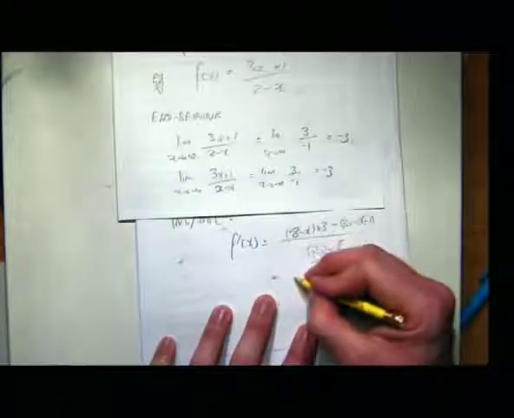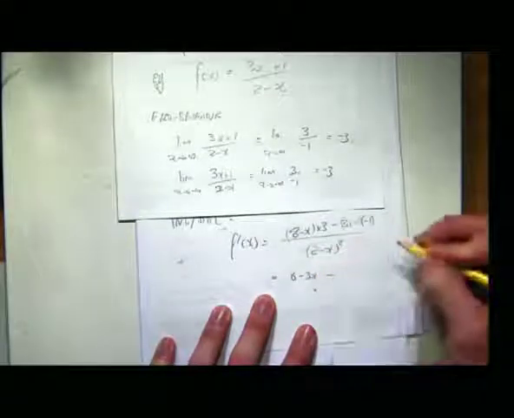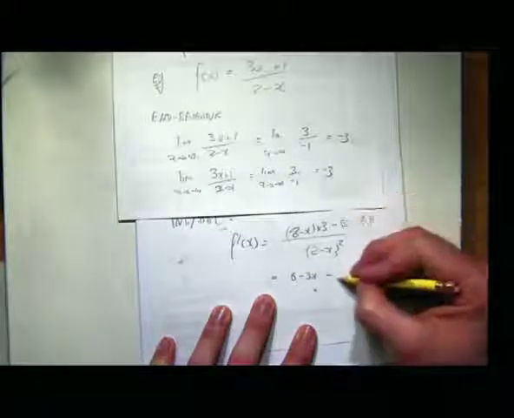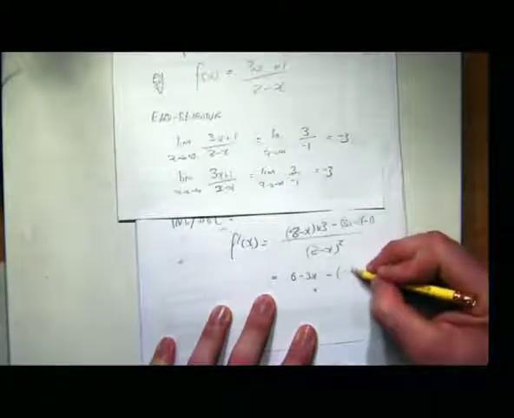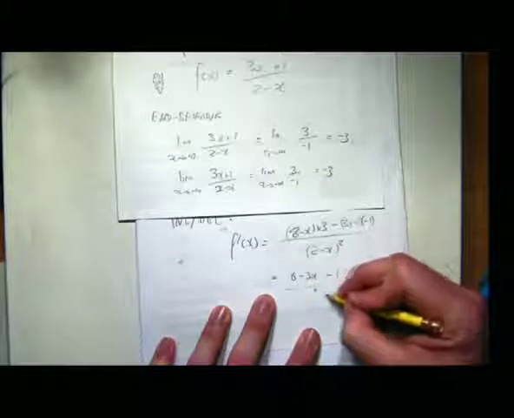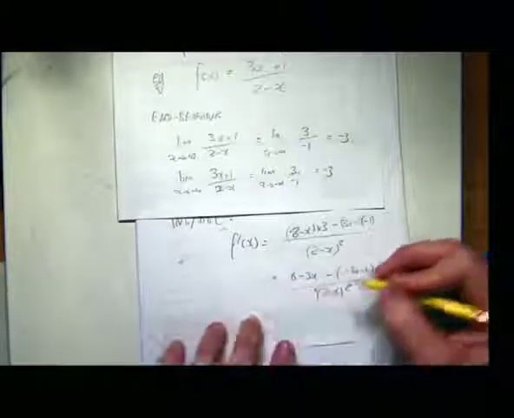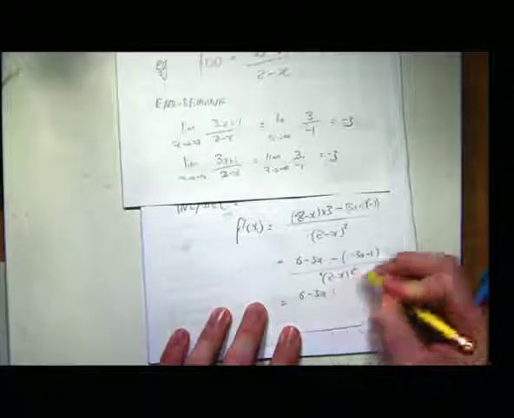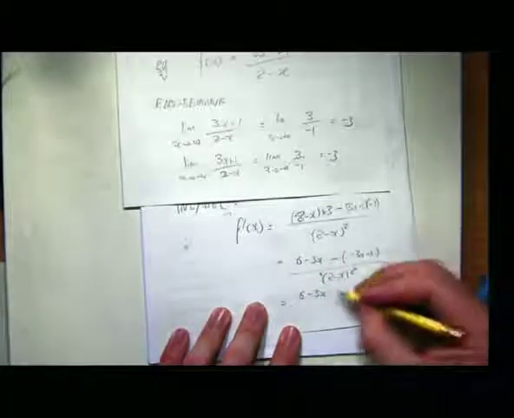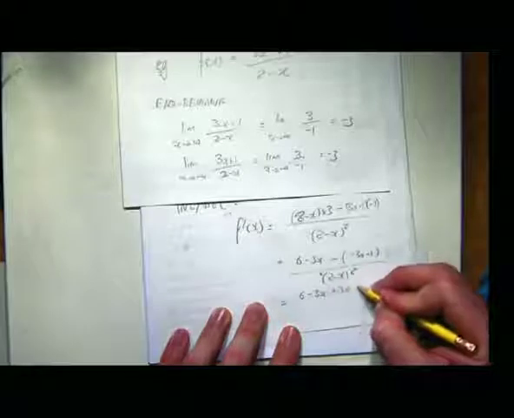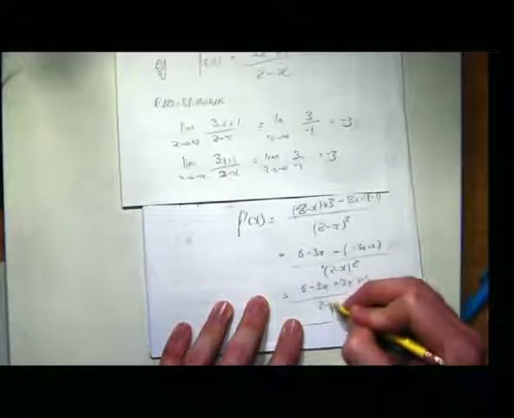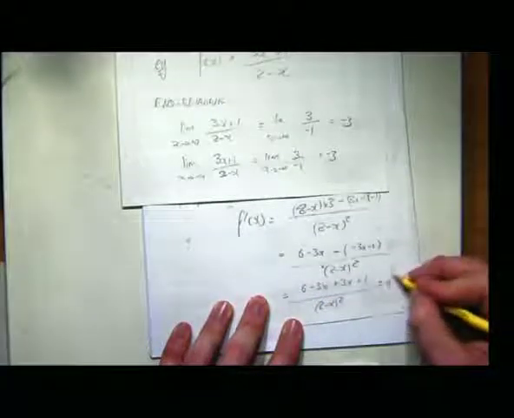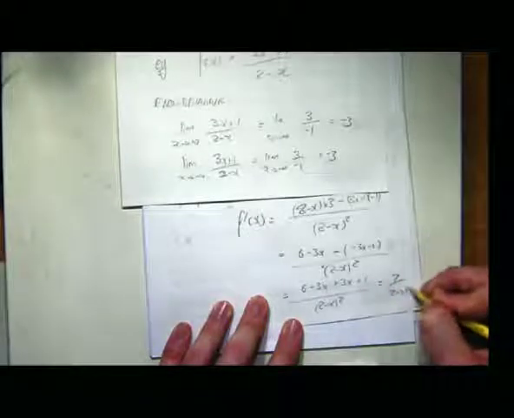So we've got 6 minus 3x minus 3x minus 1. And so we get 6 minus 3x plus 3x, which is 7 over 2 minus x squared. So that's never 0. So I don't have any turning points.